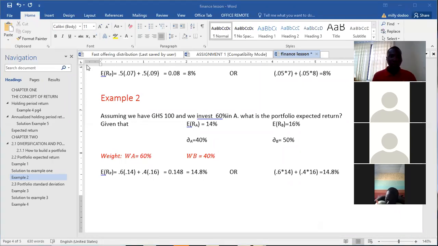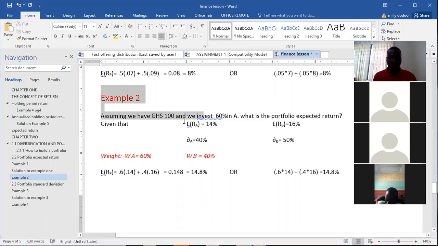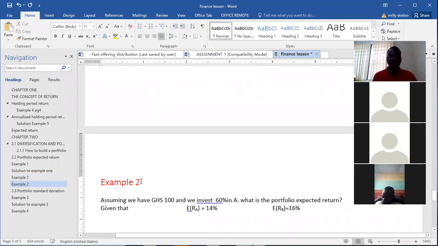Now, let's look at another illustration. We are looking at another illustration, Example 2A.